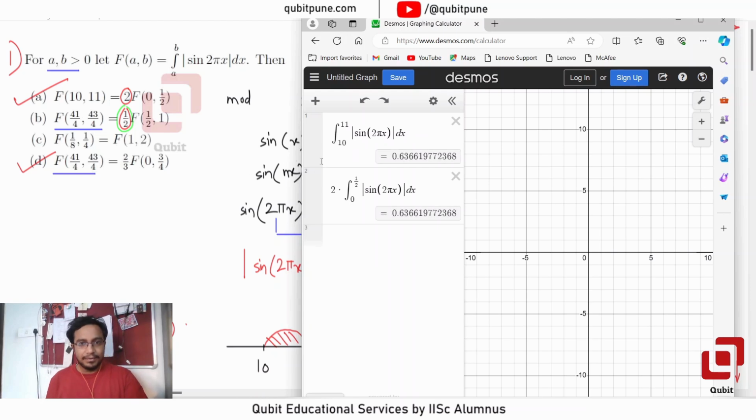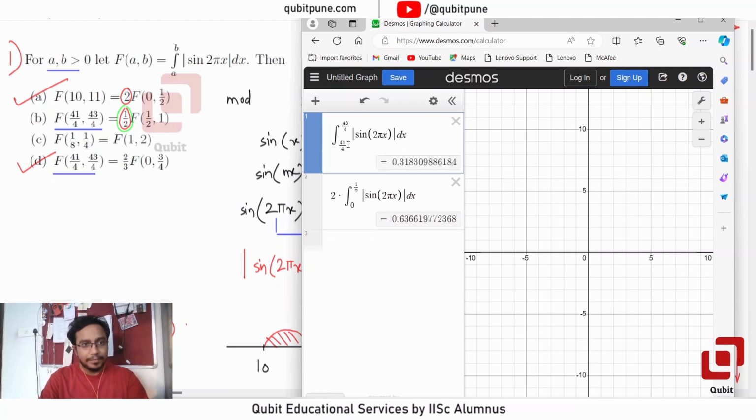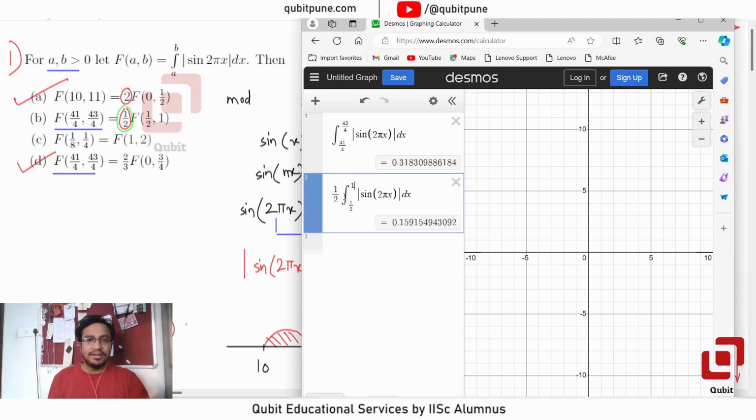Sorry. Just change the limits here: 3 by 4, 1 by 4. And this is a half, lower limit 1 by 2, upper limit 1, and you can clearly see that it's half there, so B is not right.